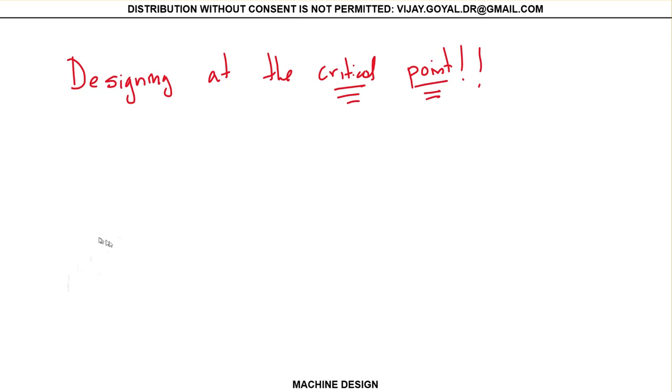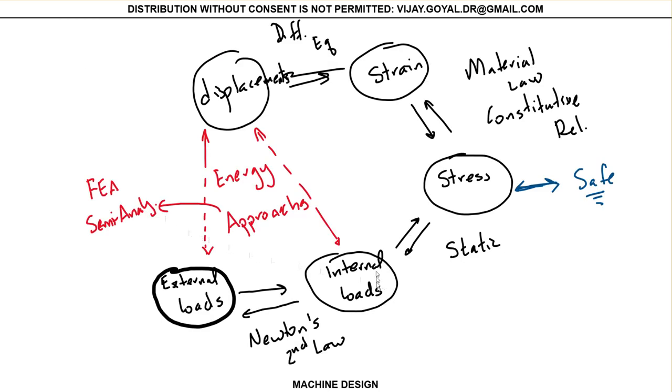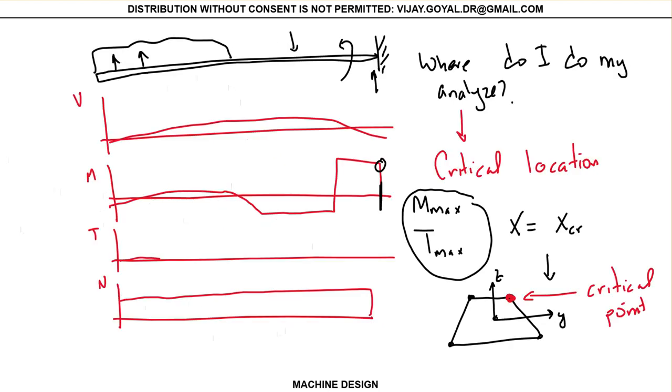In order to do this, the first thing I need to know is my internal loads, because my internal loads will help me identify my critical location. A couple of questions you should ask yourself as we come to the end of this introductory topic.